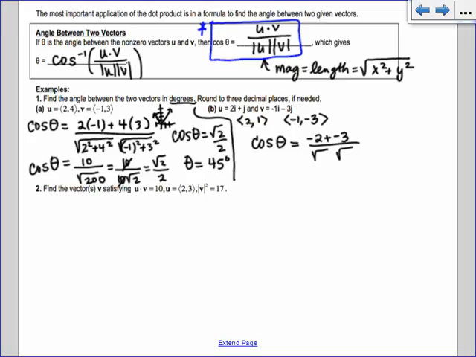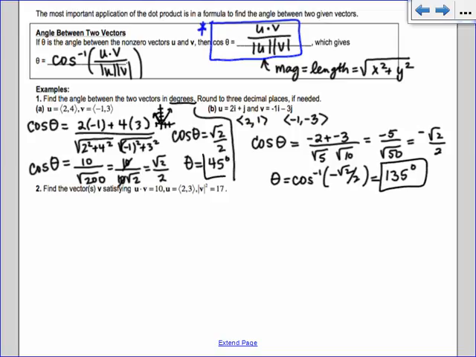So if I do 2 squared plus 1 squared, I get 5. 1 squared plus 9 is 10. So I end up getting -5 over root 50, which is also root 2 over 2, but now it's negative. So when I find theta, I do my inverse cosine again, and this time I get 135 degrees. Okay, so the angle between those two vectors was 135 degrees.